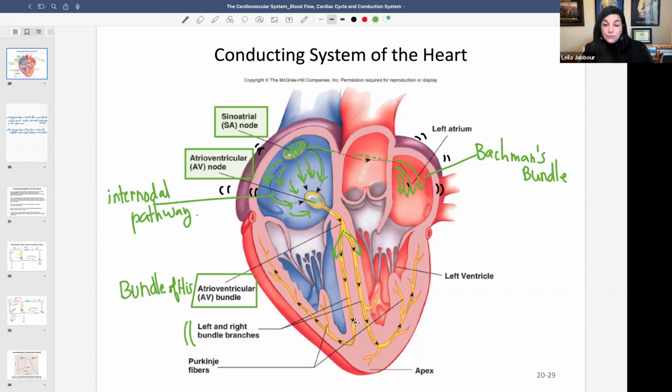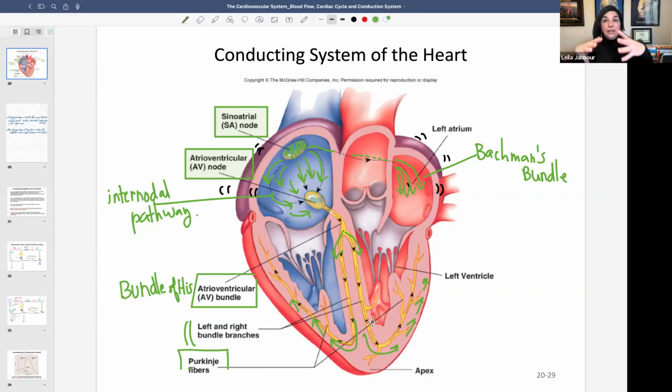And the signal is going to travel to the apex of the heart and actually start moving upwards.